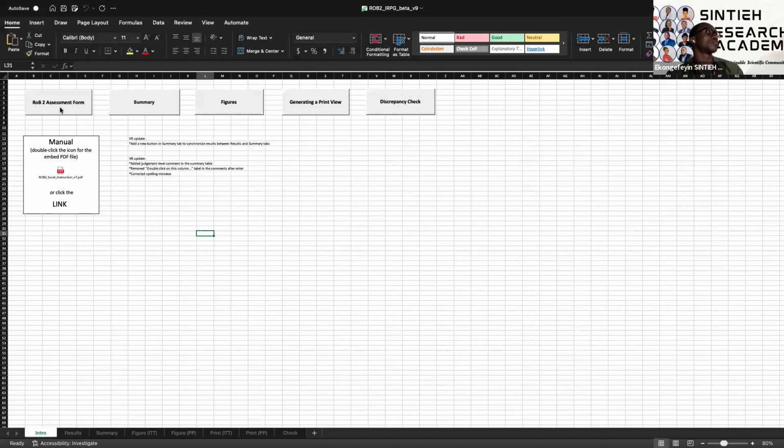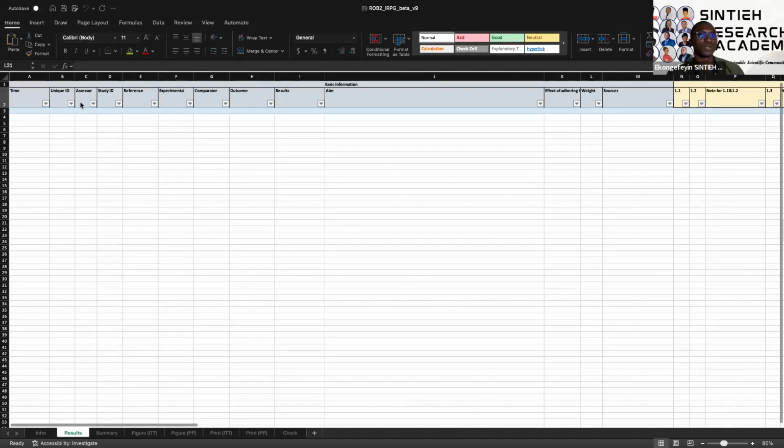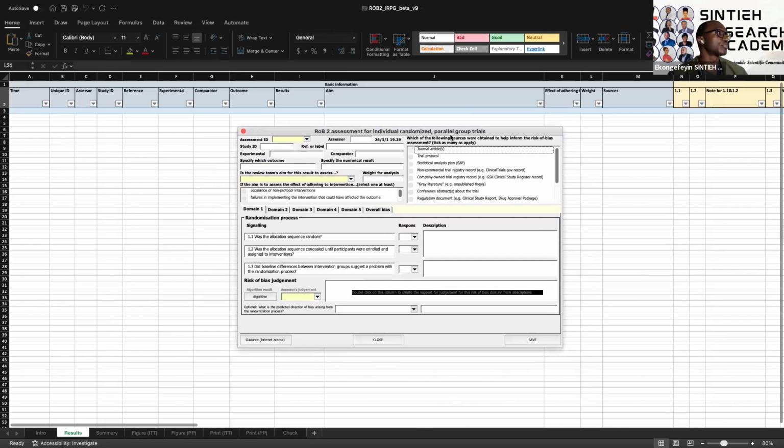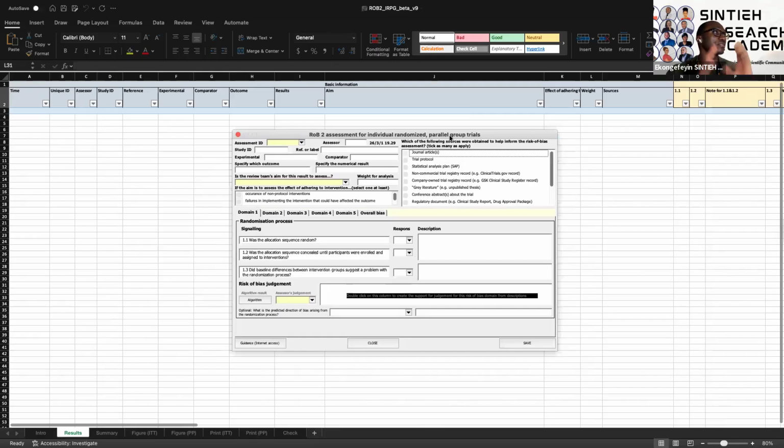So when you click on assessment form, a dashboard appears that you cannot see, but I'll bring it out to your view. This is what appears, and this is where you fill what you want to fill. The study ID will be what the study ID is on your extraction sheet, or the assessment ID.